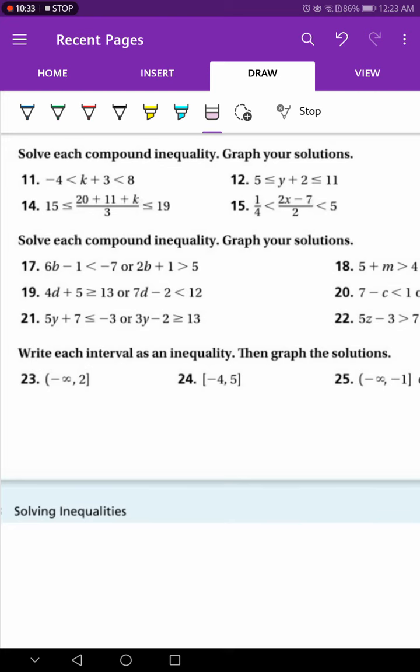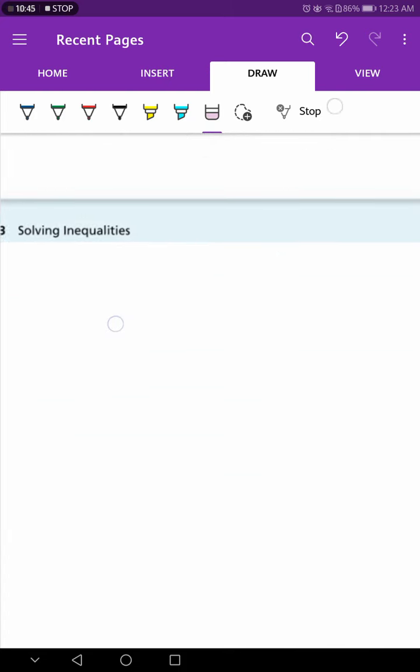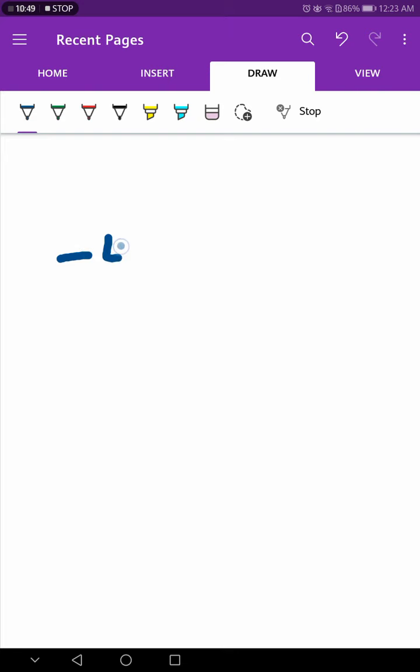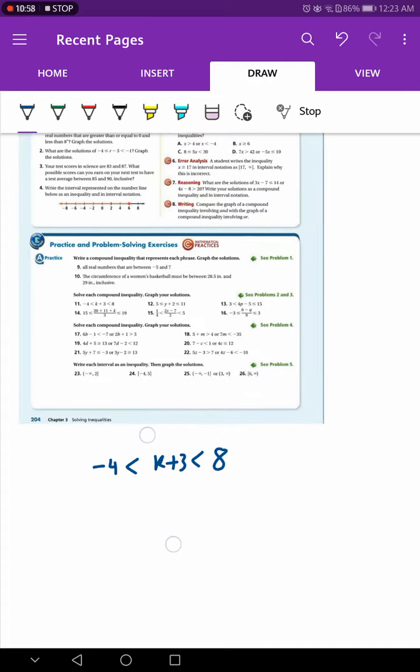I will start with number 11 and number 14. Okay, don't worry. It is between -4 and 8. Yes, it is -4 < k + 3 < 8.